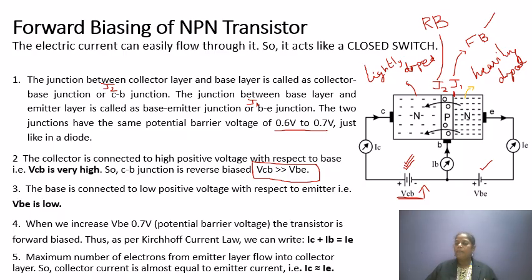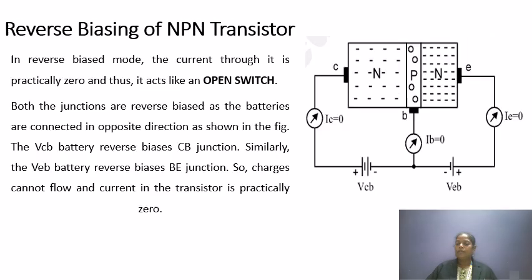If we apply forward bias, negative to negative, positive to positive, the charge carrier electron moves towards the next junction J2. So the current flows from emitter to base.